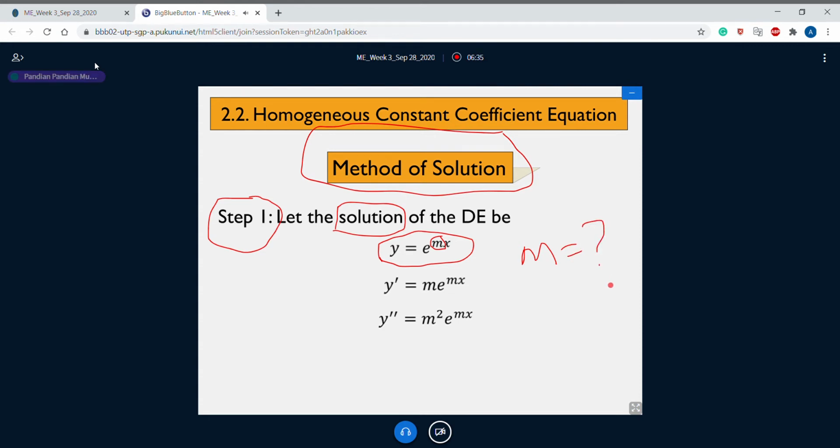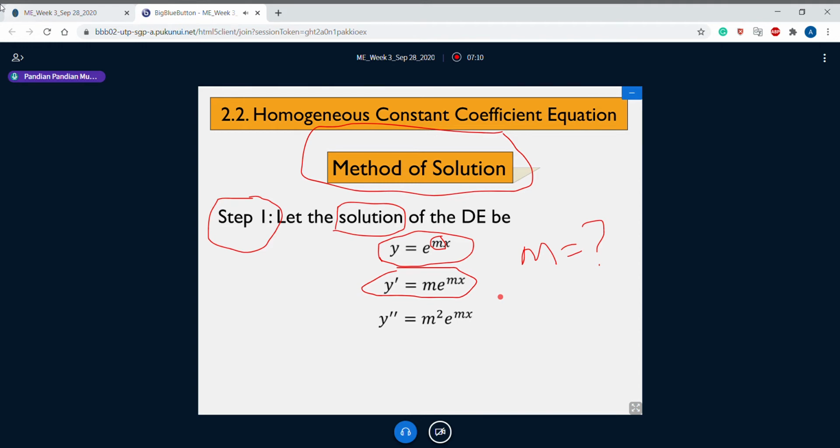In order to find the m value, you have to differentiate 2 times because you are solving a second order differential equation. So you have to differentiate y 2 times. So dy/dx, this is y dash, the first one, equals, you differentiate e^(mx) using the formula for the differentiation of exponential functions.